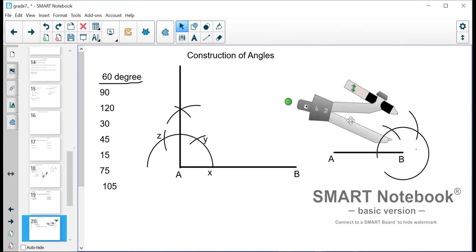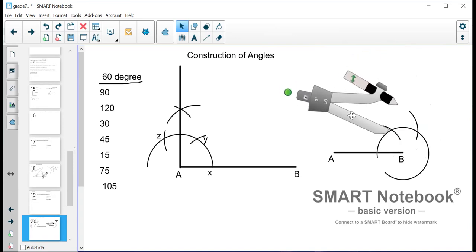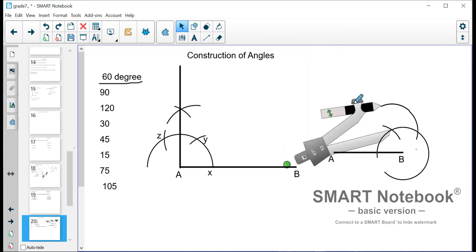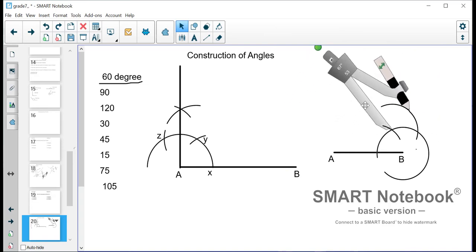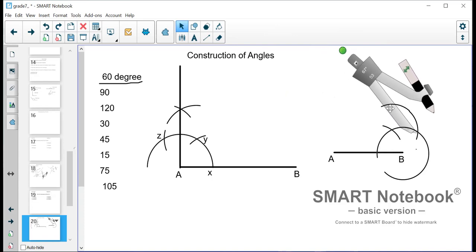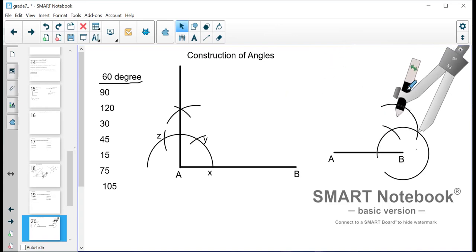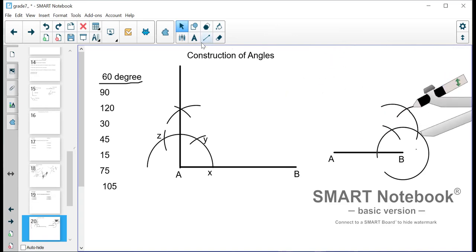So what I do, I remain on the 60, and at the same time, I scribe an arc above, somewhere around there. If you want to connect it, nothing is wrong. Right, nothing is wrong if it's connected because we're using the same distance. Then we go on 120, we switch it around, and we scribe an arc to intersect that one above.